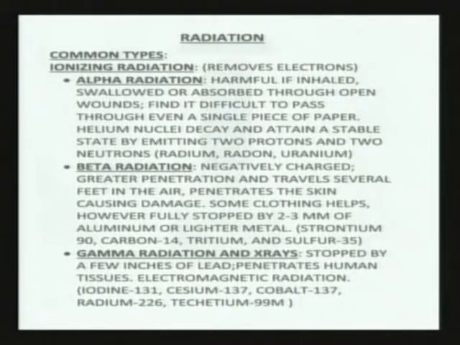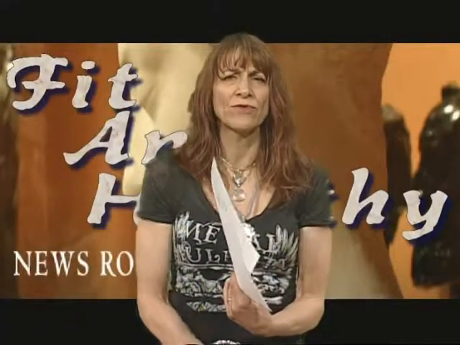Alpha radiation can literally be stopped with a piece of paper. It's particle-based, and it cannot travel through thin materials. So if you're wearing thin layers of clothing, alpha radiation cannot pass. It's a helium nucleus, two protons and two neutrons, that disperses and releases alpha particle radiation.